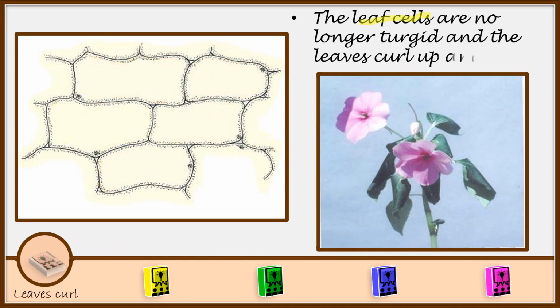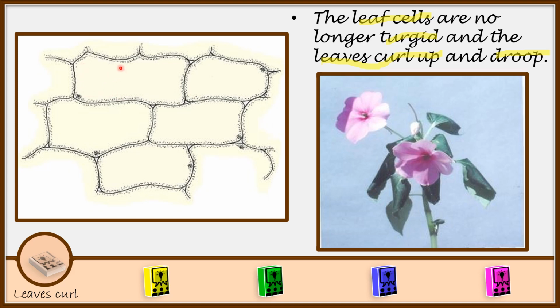The leaf cells are no longer turgid and the leaves curl up and droop. Because the cells are losing a lot of water and they are becoming limp, they are no longer turgid.